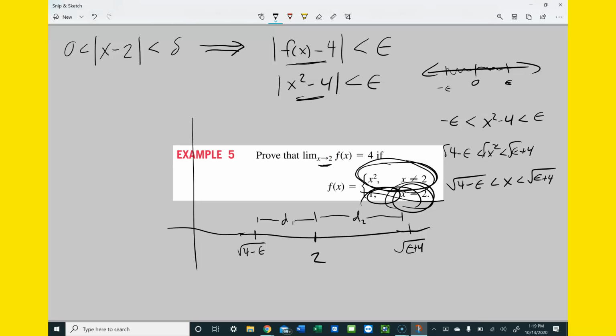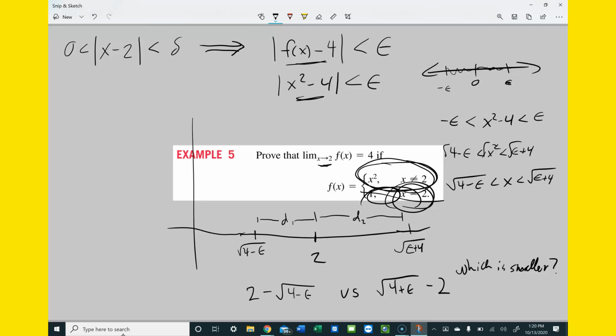All right, so I'm trying to figure out, is 2 minus the square root of 4 minus epsilon versus the square root of 4 plus epsilon, I could write that as epsilon plus 4 or 4 plus epsilon, right, minus 2. Which one is bigger? Or which one is smaller? I want the smaller one, right? I want the smaller distance.